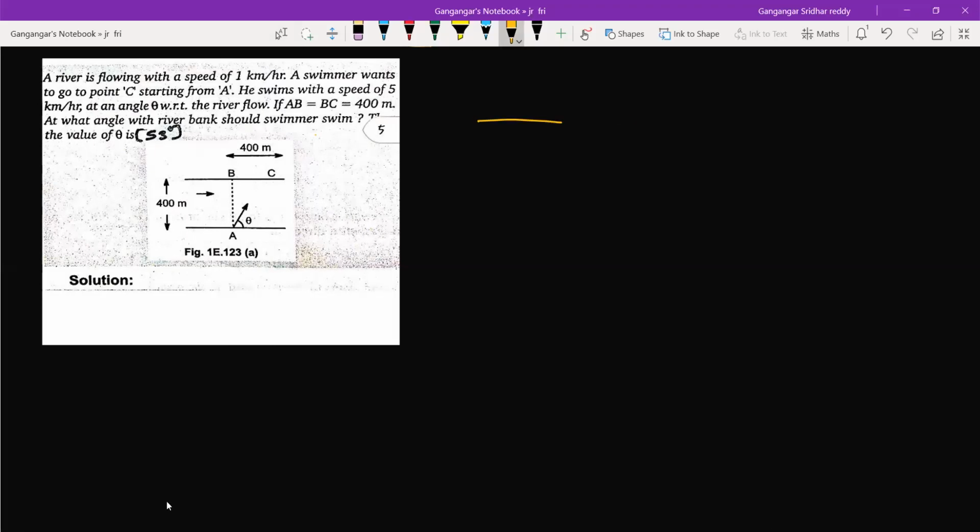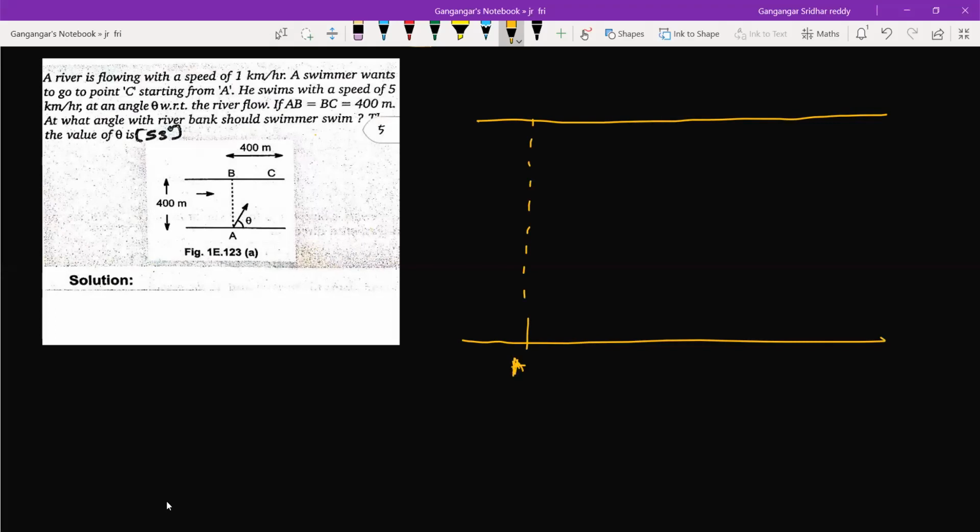So your question begins like this. This is the point A, the start point. You will start from here. There's a point exactly opposite on the other bank, and it's telling that this is the end point.